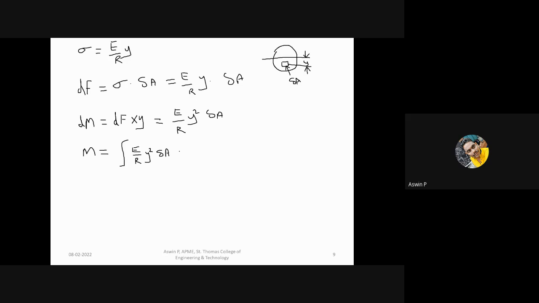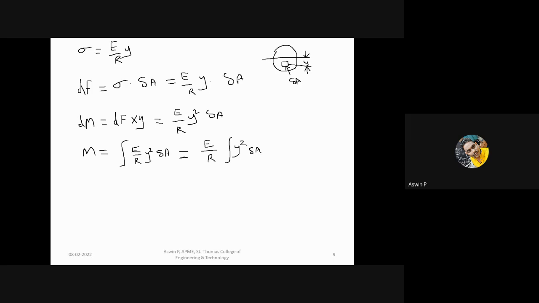So you can take both those terms outside, and the equation becomes E by R into the integral of y square delta A. And importantly, the integral of y square delta A is a term known to us from engineering mechanics.